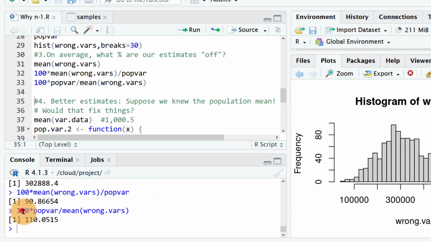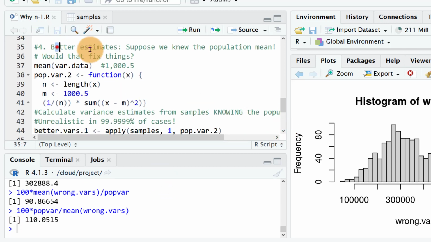They're going to be about 11% off if we flip that ratio and we look at how much bigger the truth is compared to our estimates. And it turns out that's the difference that you get when you should be dividing by 9 and you divide by 10 instead. A 10 or 11% difference depending on how you look at it.